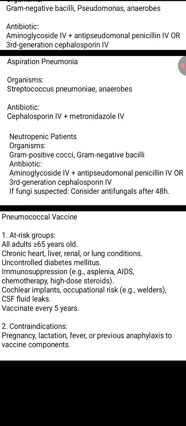In neutropenic patients, the organisms which are common are gram-positive cocci and gram-negative bacilli.